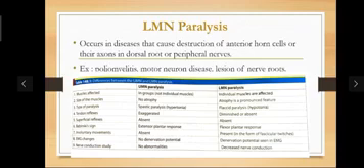And if we see the differences between upper motor neuron and lower motor neuron paralysis, there are 9 points here. First, the muscles affected are in groups in upper motor neuron, and in lower motor neuron individual muscles are affected because a motor neuron supplies a single muscle fiber.